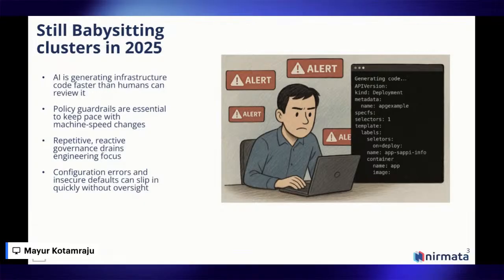Kubernetes should run smoothly once we set up the right guardrails, but in reality, the babysitting never stops. Policy guardrails are no longer optional. They're the safety net that drives AI acceleration in a predictable operation. The real challenge isn't just enforcing the policies, it's scaling policy creation, explanation, and remediation to keep up with the pace we're seeing today.